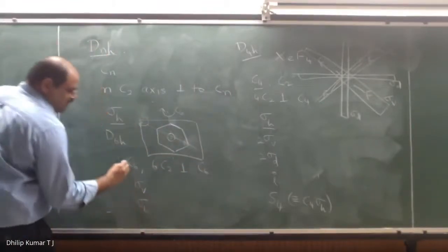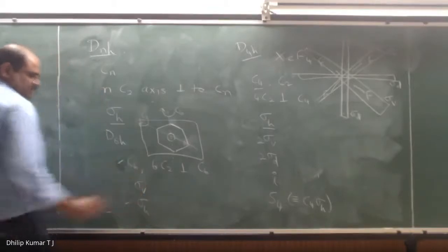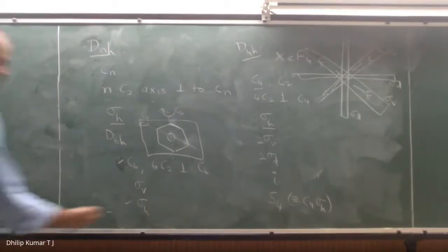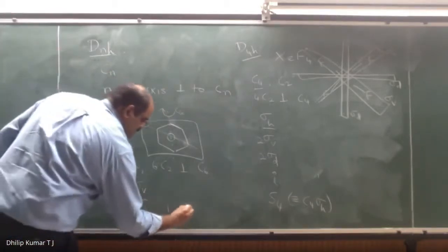Since you have this condition satisfied, having sigma H, that's why it's called D6H. And of course, it has I symmetry, and since it has C6 and sigma H, it can have S6. Other possibilities also, so I, S6. Okay.